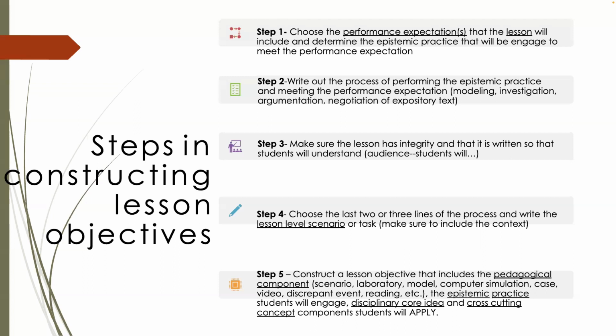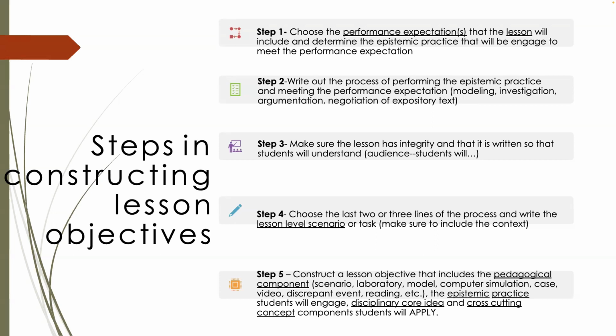So last week we talked about the steps in constructing a lesson objective informally. So this week I wanted to do a formal presentation on that. I have some steps here that we went over.